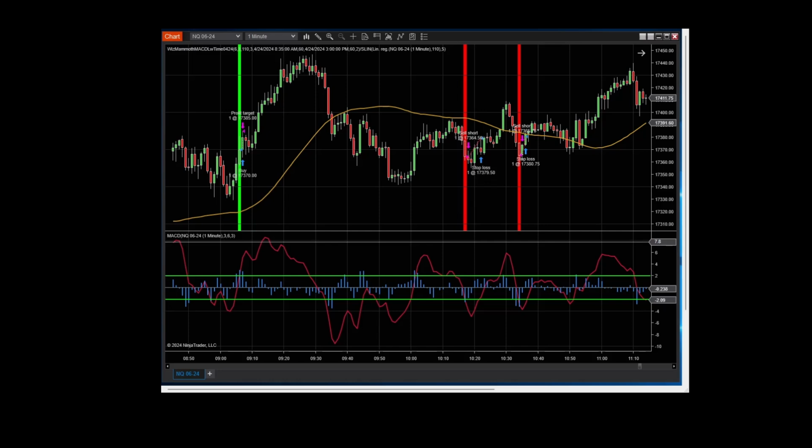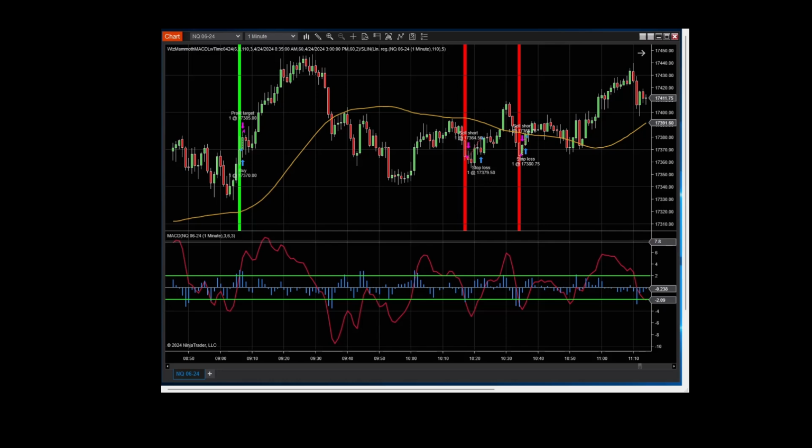So what you see right now on the window is a Nasdaq June contract 1 minute bar. And on this window, you can see this indicator right here is a MACD. MACD is a very common indicator. It's being used for many purposes.